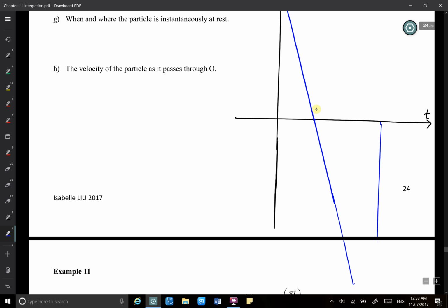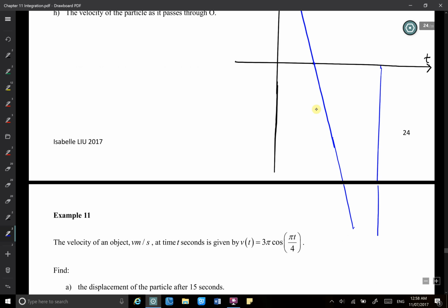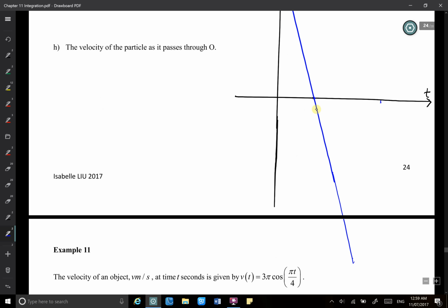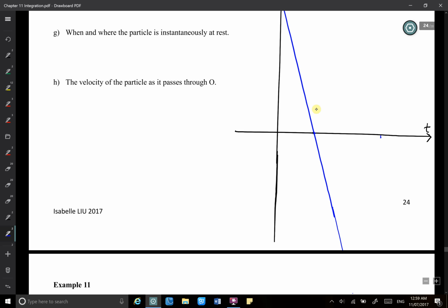Well, the scale is not very good. Let's just suppose here is 6.